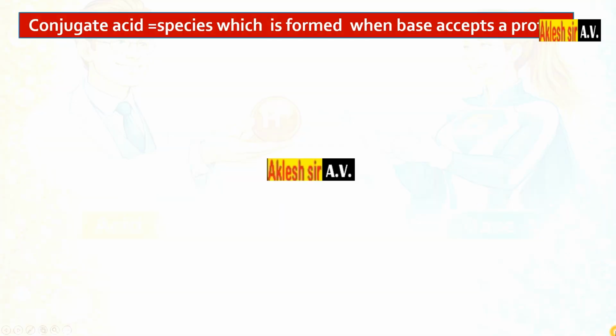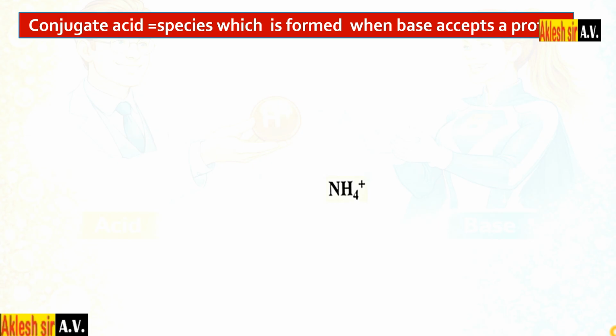Conjugate acid. So what is a conjugate acid? The species. So what is a species? I am giving you one example. Assume NH4 plus is a species which is formed.